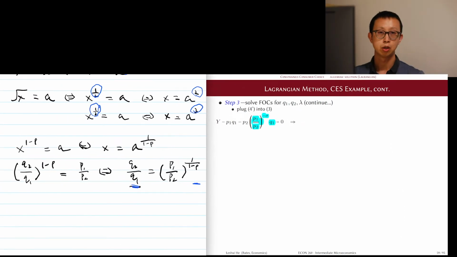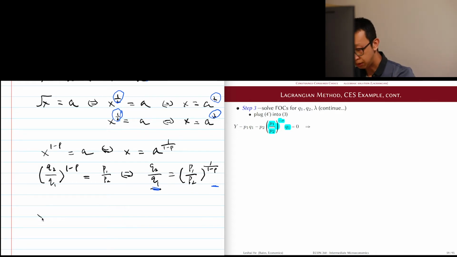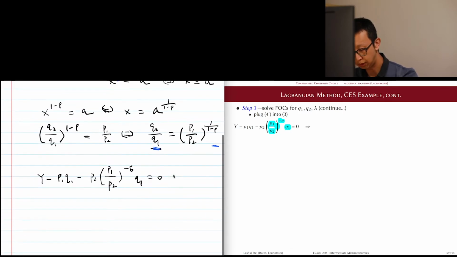To see that, we can write down the budget constraint, y minus P1 Q1 minus P2 times the expression for Q2 in equation 4 prime, which is P1 over P2 to the power of minus sigma times Q1, equal to 0, which is our equation 4 here.